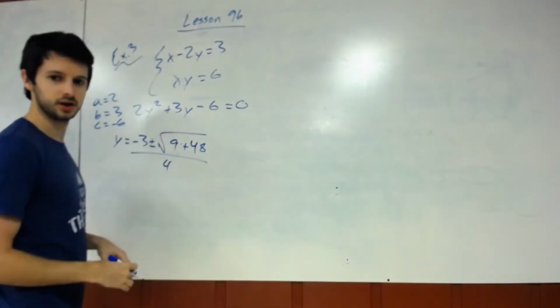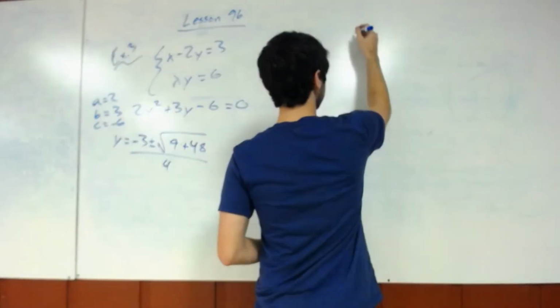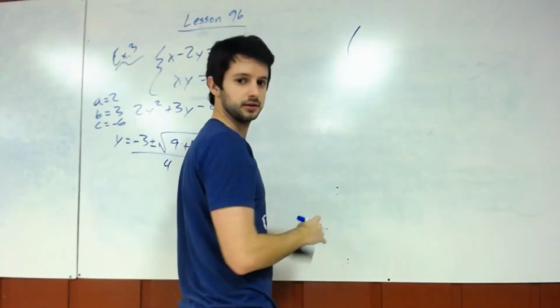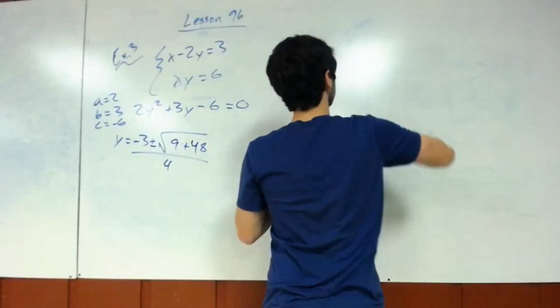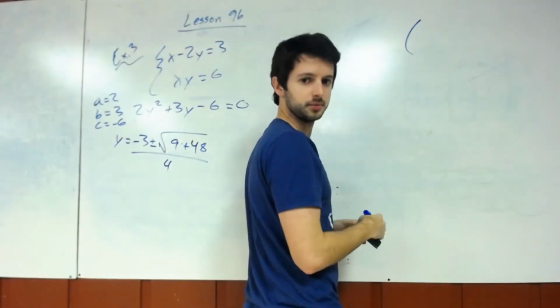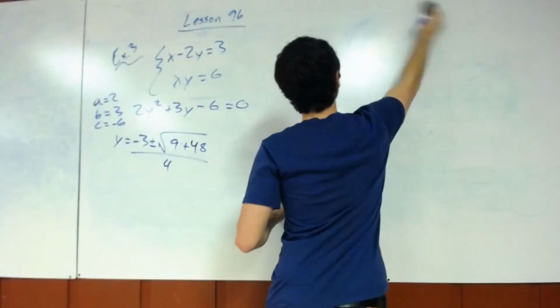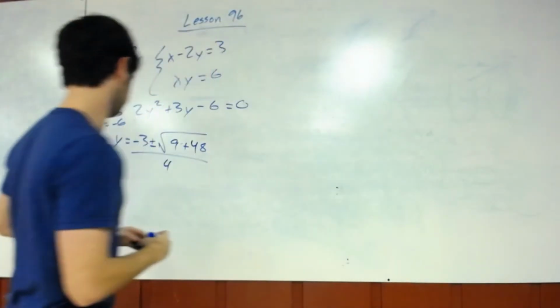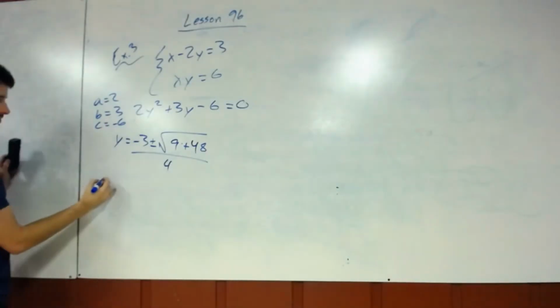So when we solve, okay, I'm going to write these answers over here. Make sure it's not in the glare. Okay, I'm probably going to need more space than that because these answers are going to be special. I'm going to write my answers down here.